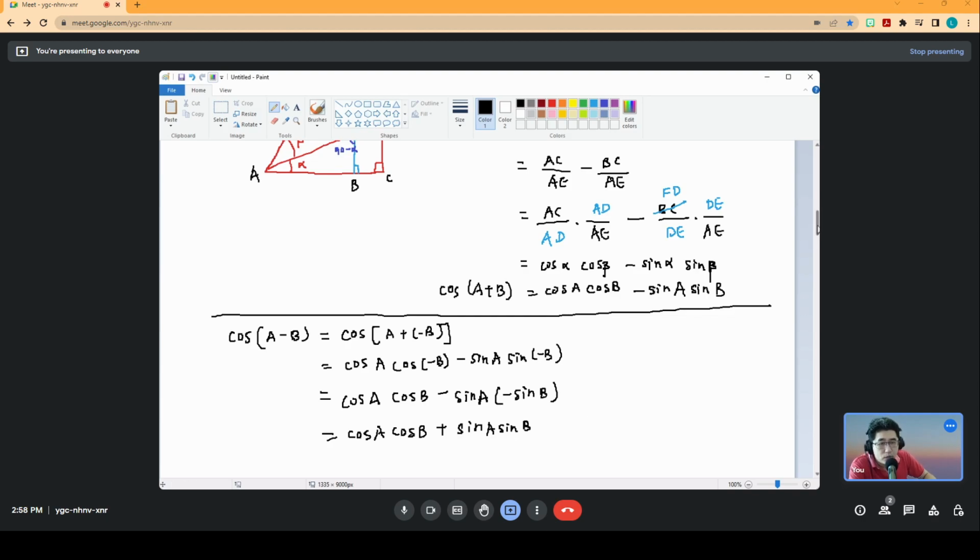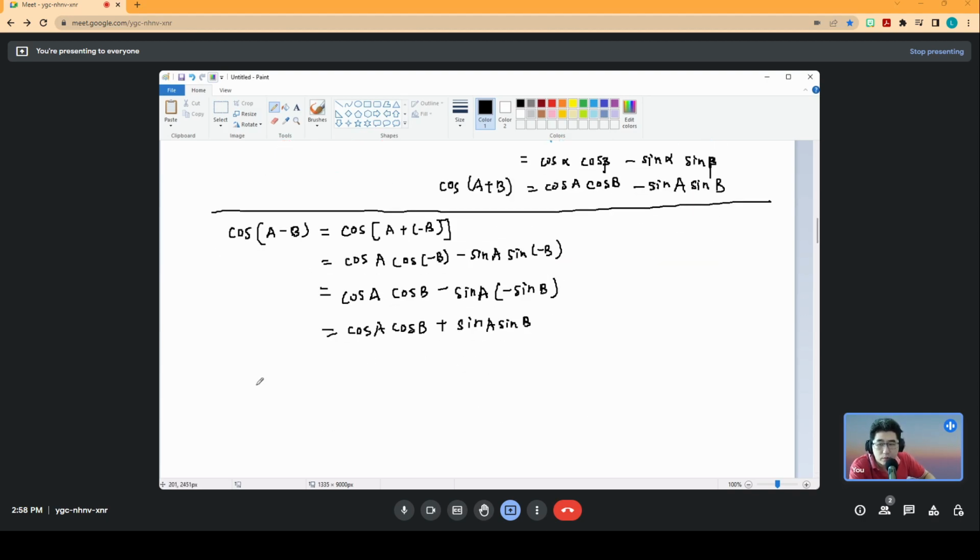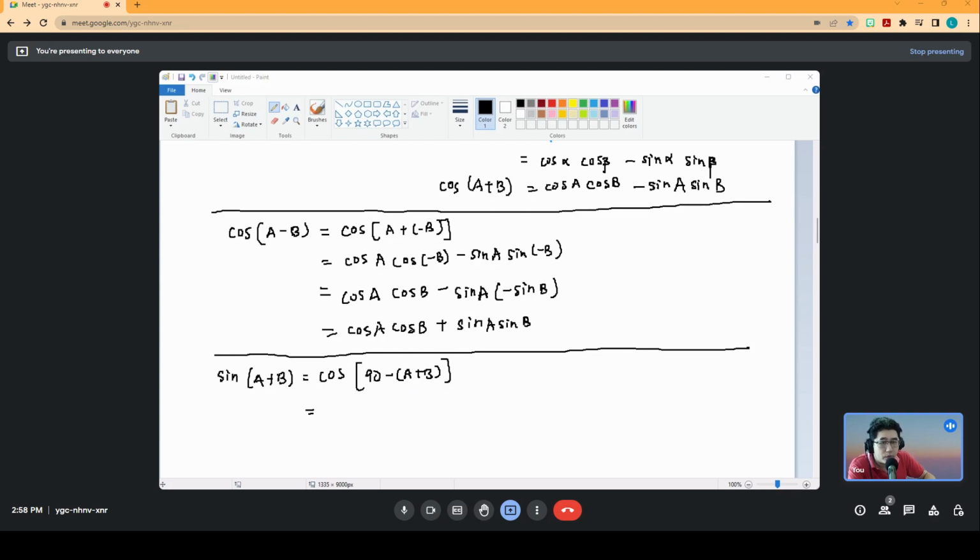Okay. Then, after that, what about sine? Let's talk about sine of A plus B. From P1, sine can be written as cos, so cos of 90 minus A plus B. This is a rule from P1, and we know very sure about this.